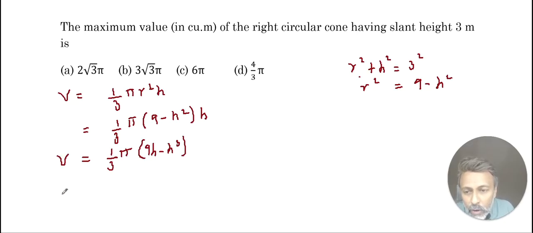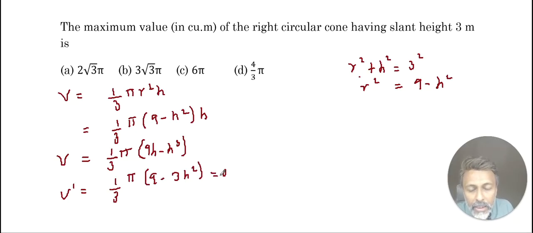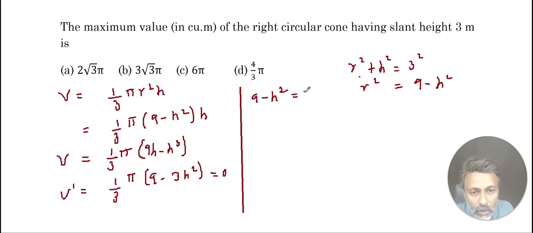Let's differentiate the volume function. V dash is equal to 1 upon 3 pi into 9 minus 3h square, and we equate it to 0. After equating it to 0, we get 9 minus 3h square is equal to 0, as 1 upon 3 and pi go with 0.